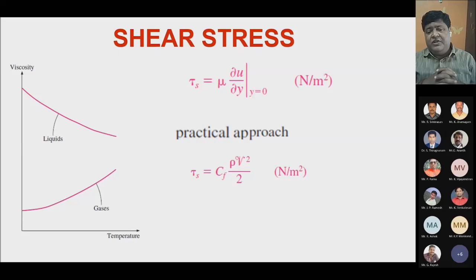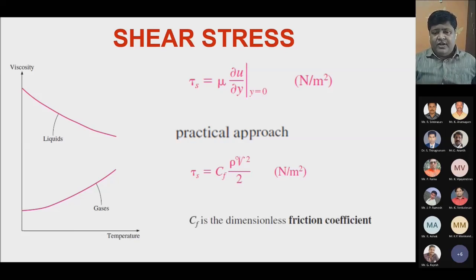So we measure CF experimentally, and once CF is measured, we know the density and the downstream velocity of the fluid. We know the average density, from which we can find tau s. Once tau s is known, mu is the dynamic viscosity at a particular temperature of a fluid, and from that we can find dou u by dou y.